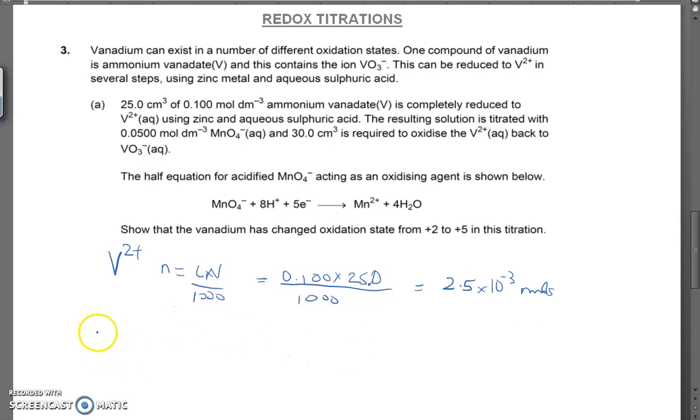The moles of manganate which we used to oxidize the vanadium back, again it's using n equals CV over 1,000. I'm not going to write down the formula, just going to go straight to the calculation.